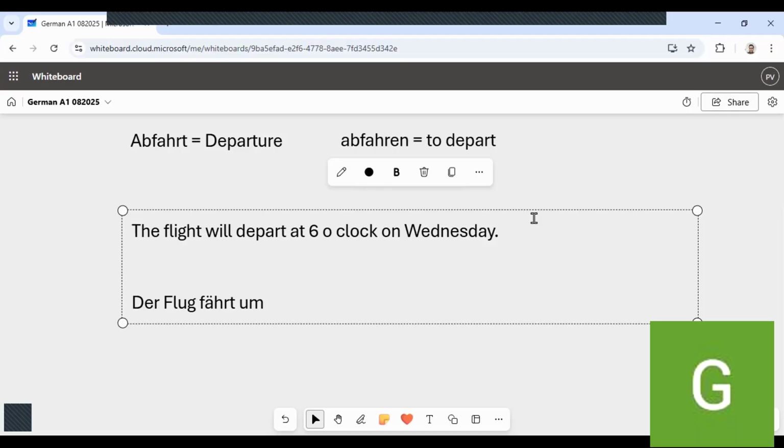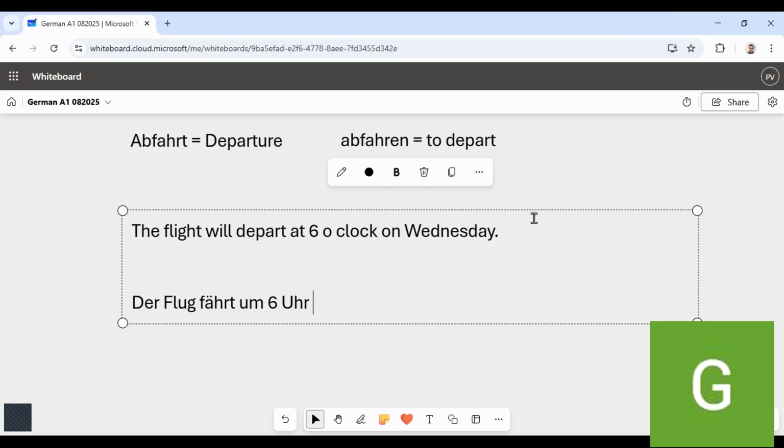Ab. Mittwoch. Very good. What is Wednesday? Mittwoch. Ab. Okay, so this is how a sentence will be framed with the verb abfahren.